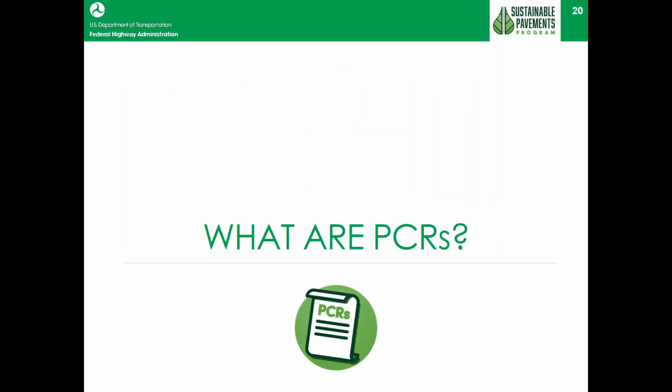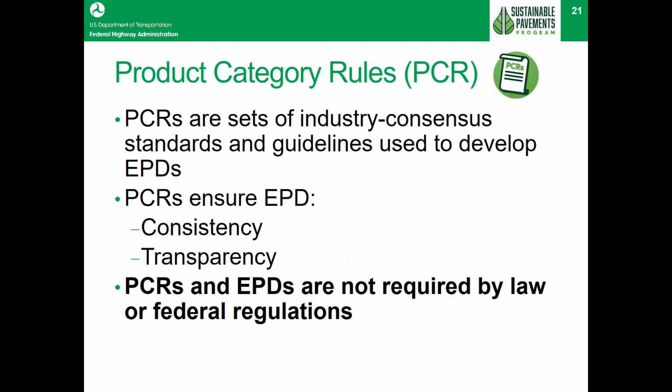So anyway, I've talked obliquely about product category rules, and want to put a little bit more meat on the bone. Fundamentally, product category rules are requirements, guidelines, or rules themselves that are developed on an industry consensus basis to support the development of EPDs.